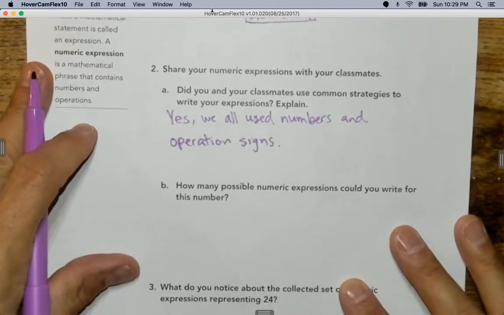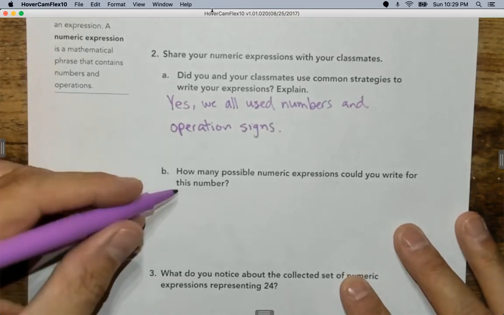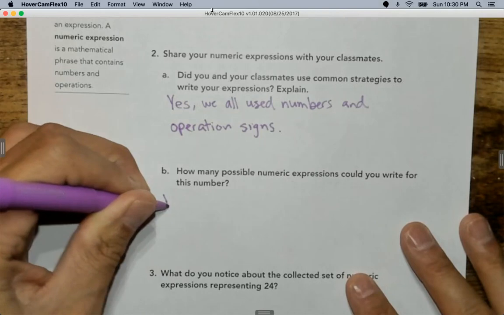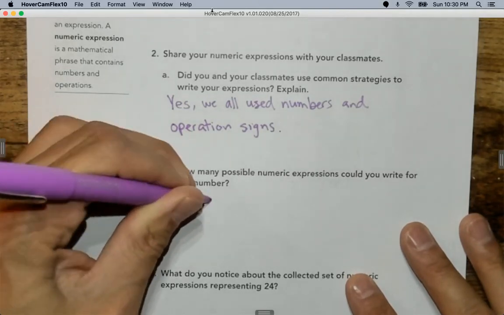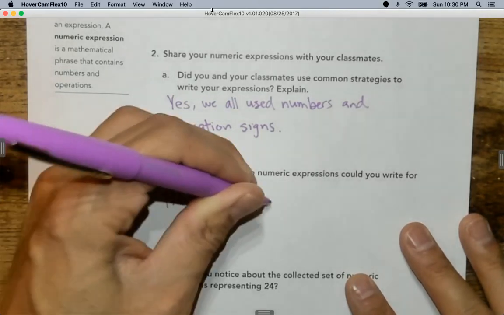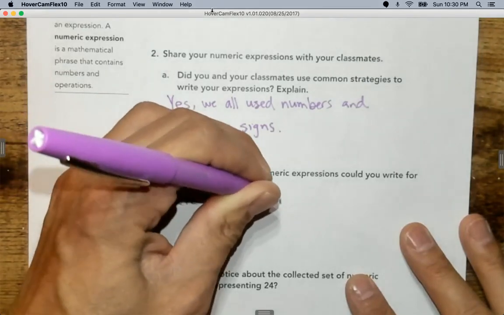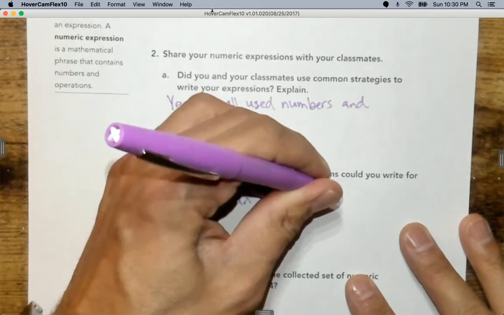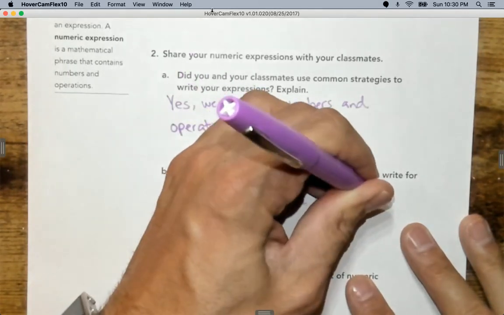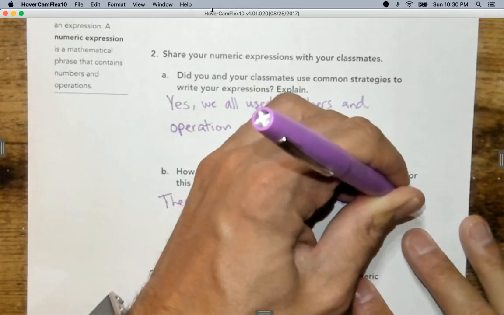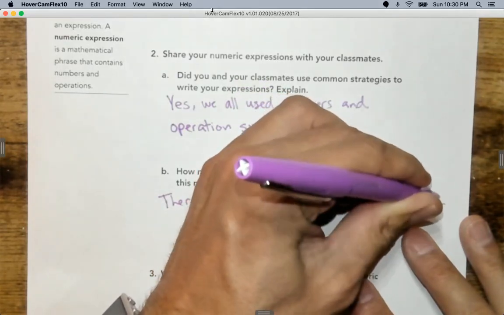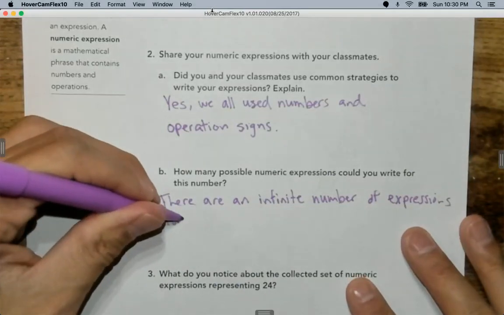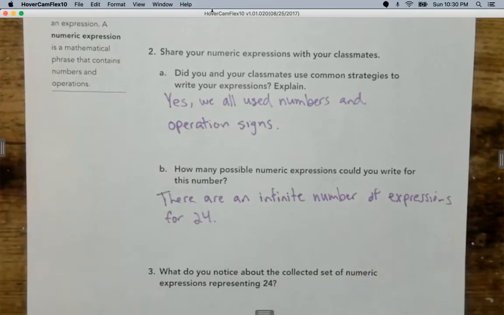Next, how many possible numeric expressions could you write for this number? And I would say that there are an infinite number of expressions for 24, or any number for that matter.